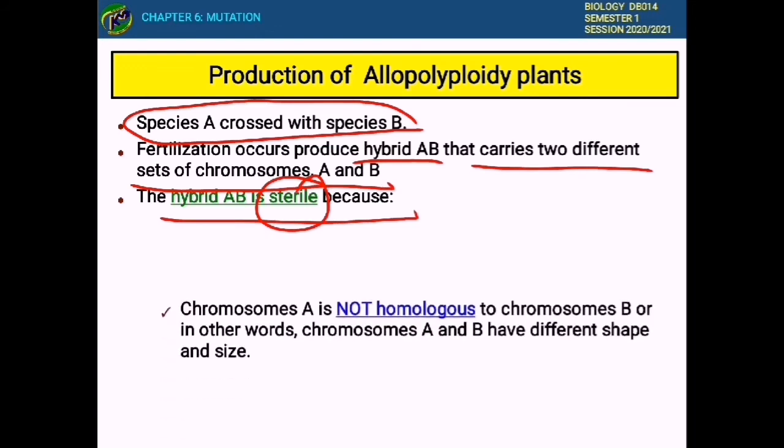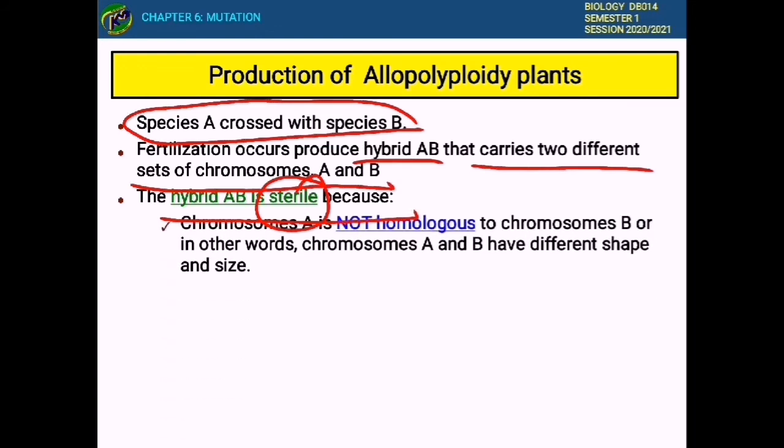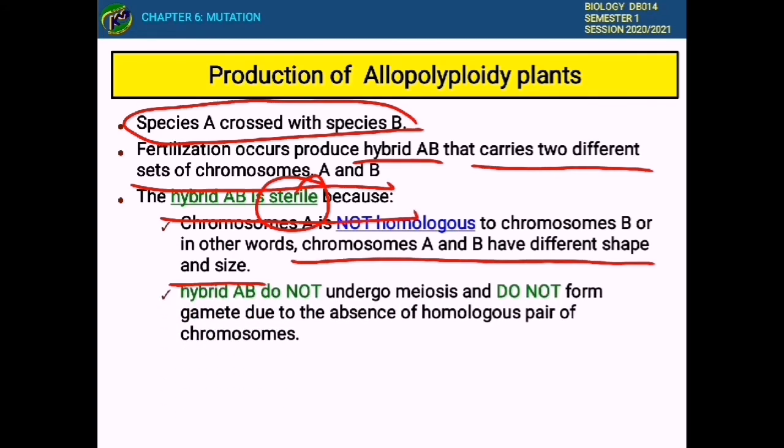Chromosome A is not homologous to chromosome B, or in other words, chromosomes A and B have different shape and size. Hybrid AB does not undergo meiosis and does not form gametes due to the absence of homologous pairs of chromosomes.